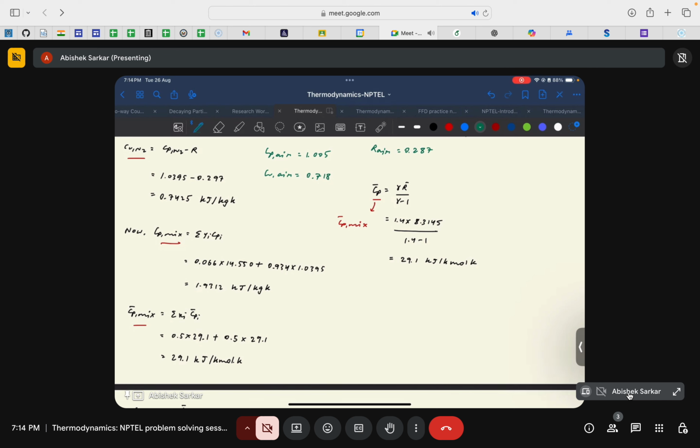Okay, so that's one of the quick ways to evaluate a mixture of gases if the composition of one of the gases is very high.